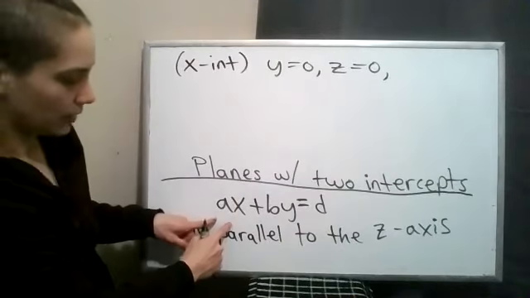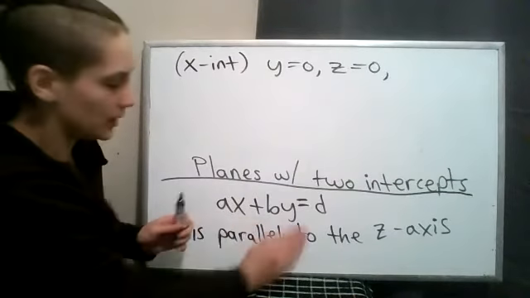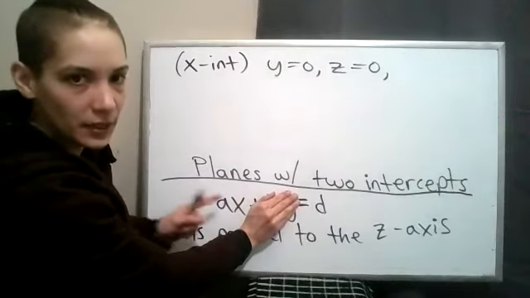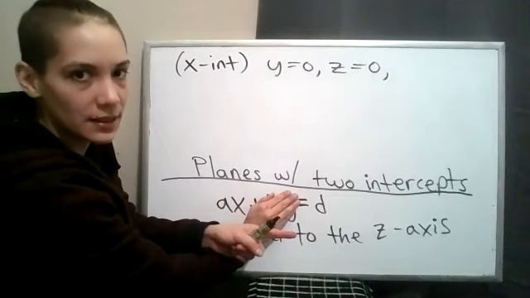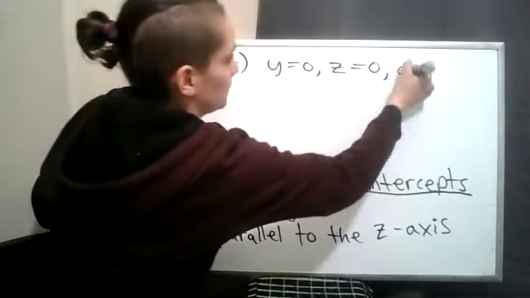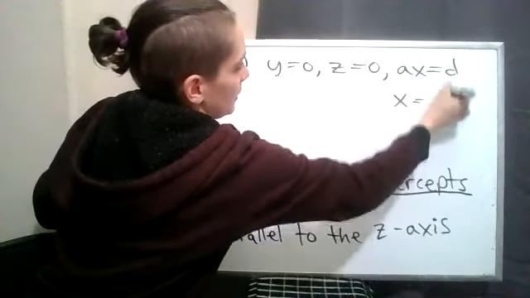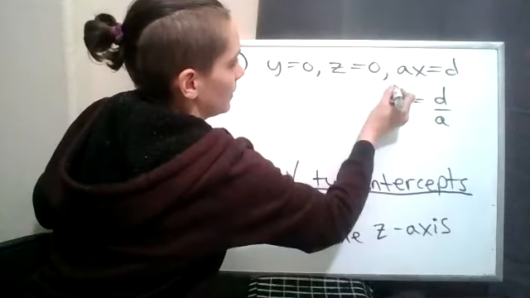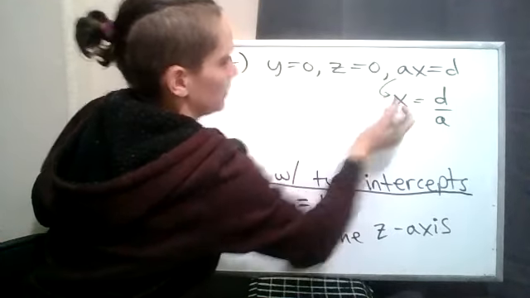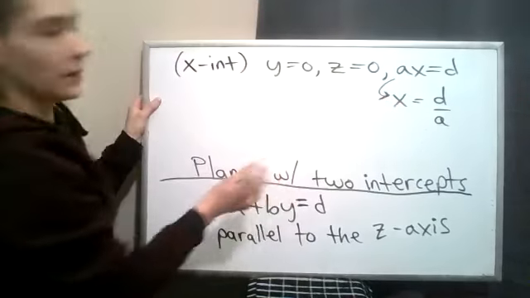So if we put y equal to 0, this disappears. We have ax equal to d, which means x equals d over a.